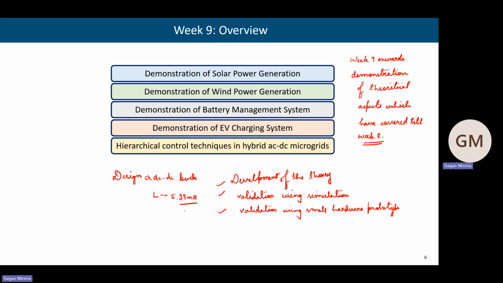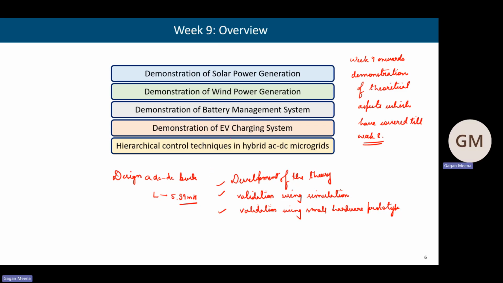You might get a 5 millihenry inductor, 5.2, even 5.3, but 5.39 may not be possible. That will alter the results a bit. So we need to make those adjustments and check what the results are after these small differences between simulation and the actual availability.